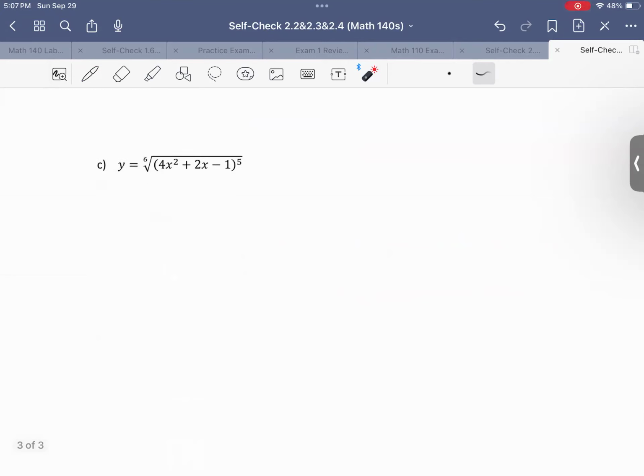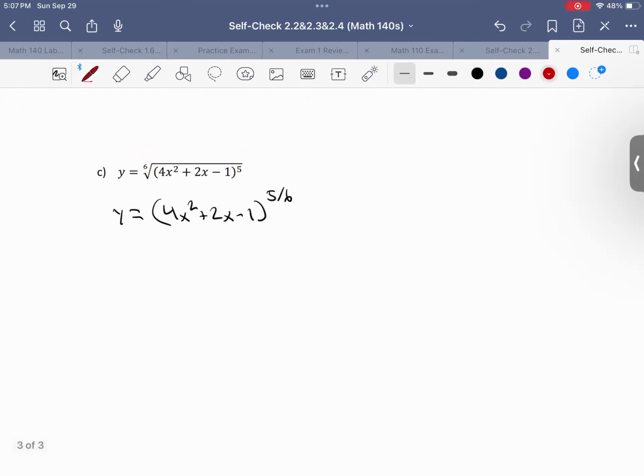So C, this looks a little ugly, right? But remember, what we can do is rewrite a root into a power with a fraction. So what you can rewrite this into is actually 4x squared plus 2x minus 1 to the 5/6, because of this and this, right?